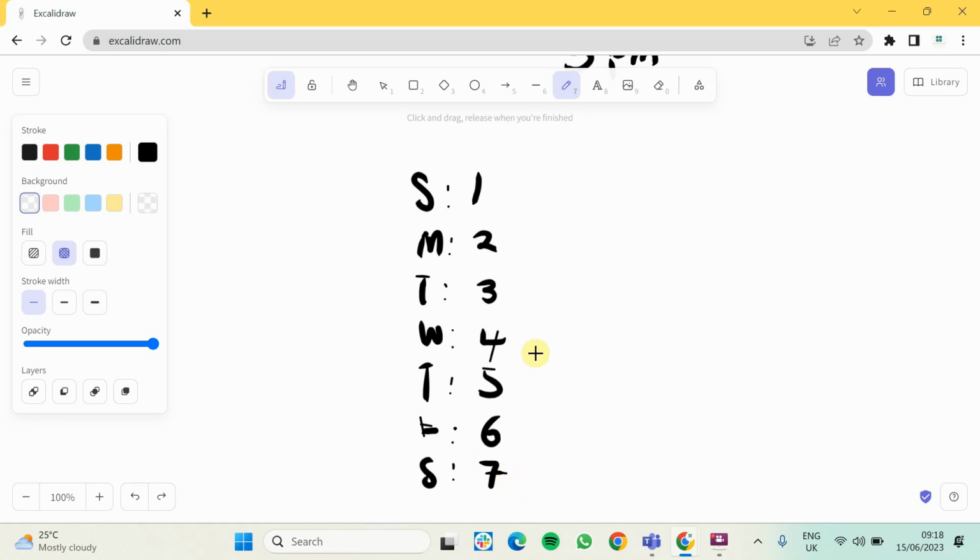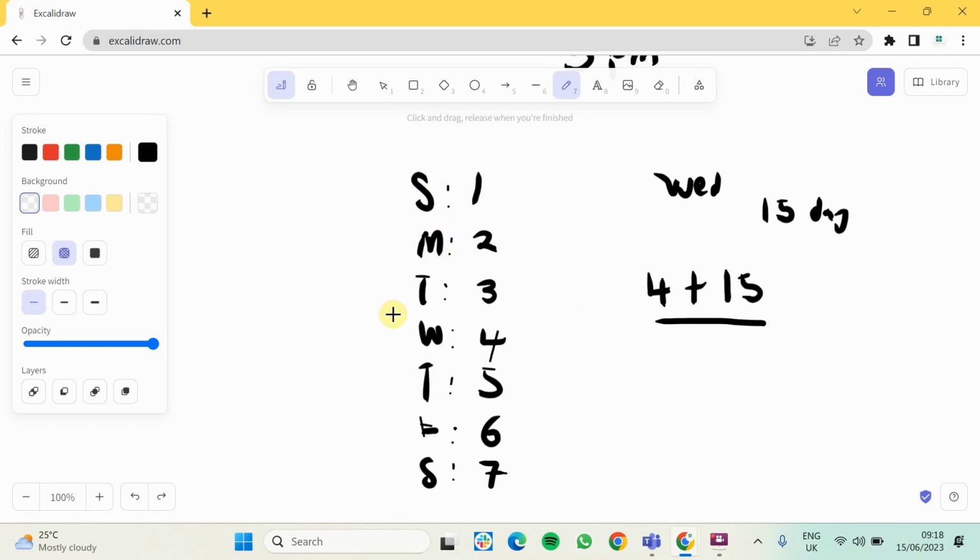So if a question says, today is Wednesday, in 15 days' time, what day will it be? I already know that Wednesday is the fourth day. So I could say Wednesday, which is 4, plus the number of days I want to add, which is 15, and I'll divide it by how many counts we have.